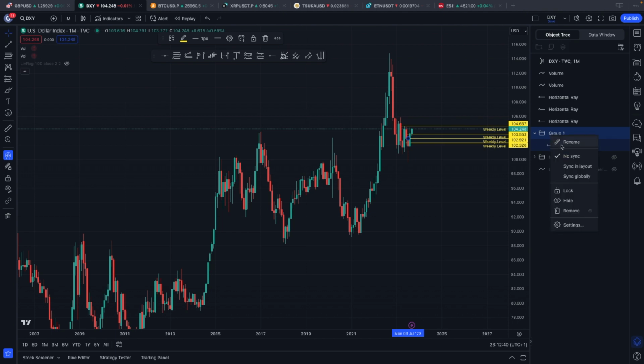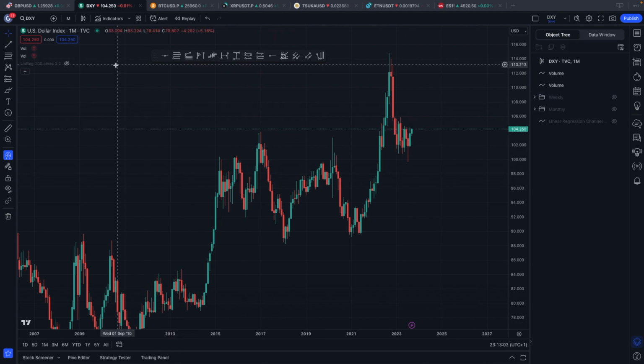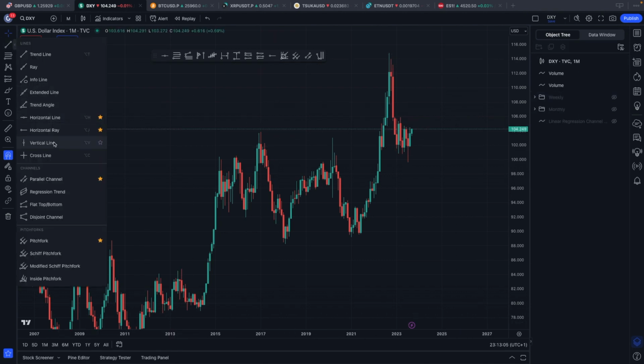Let's create a new group and call it weekly. So monthly wise, let's go through some monthly levels.